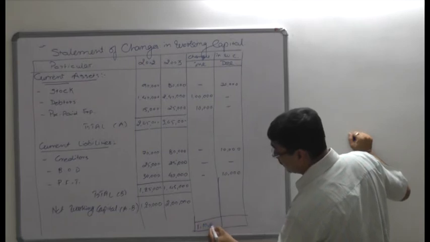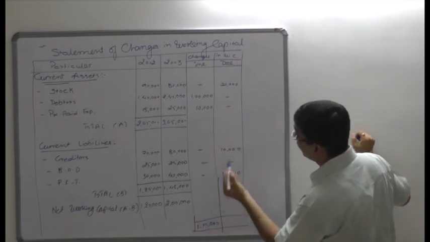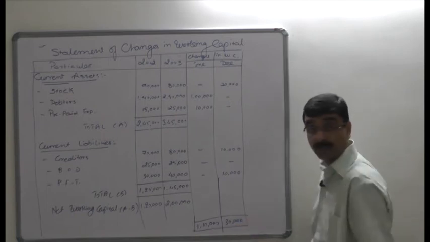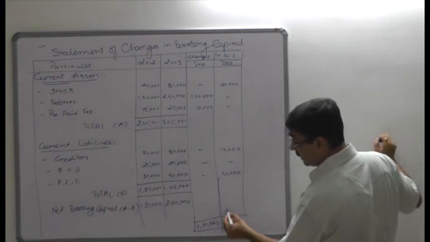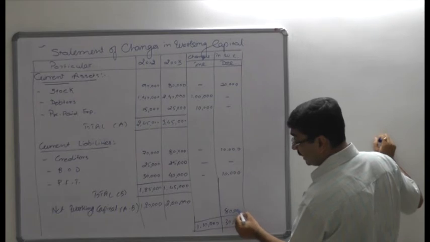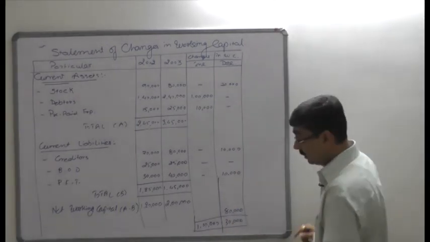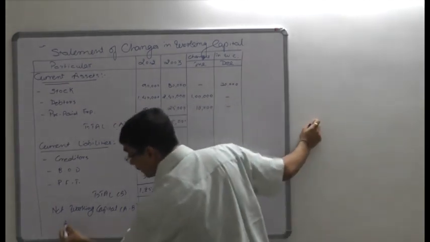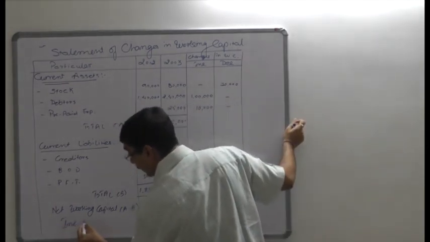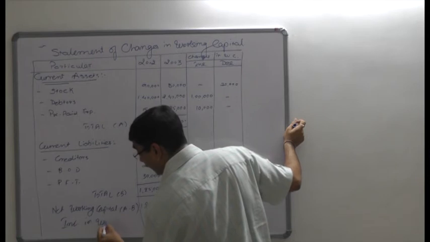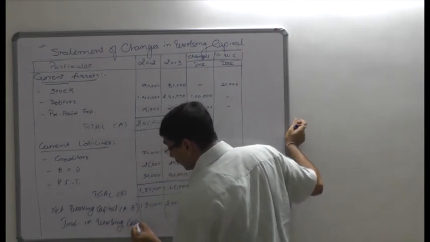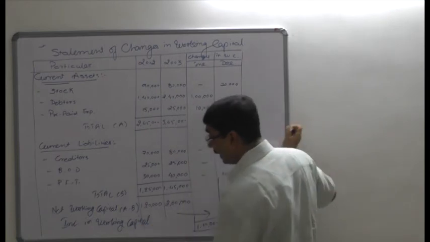Naturally the increase total is higher, and the decrease total is 30,000. So the difference is 80,000 rupees. Which side is higher? The increase side is higher. It means your answer is increase in working capital.